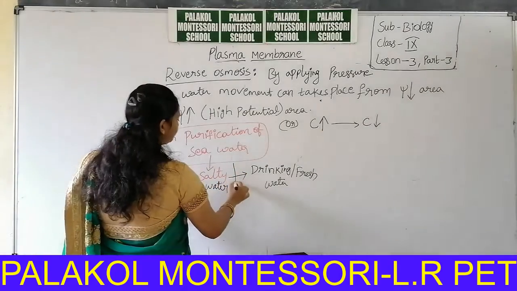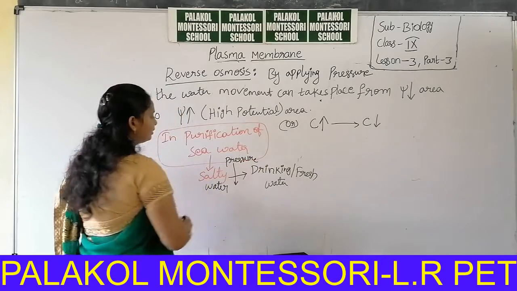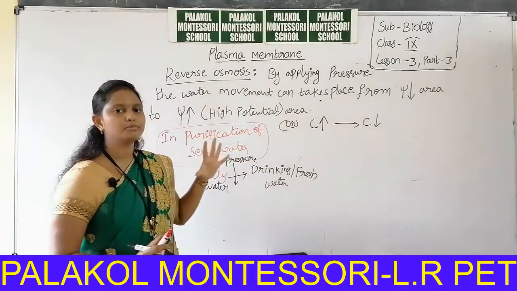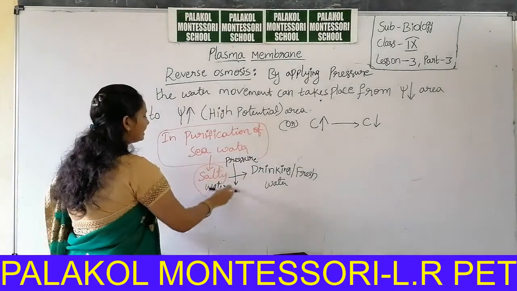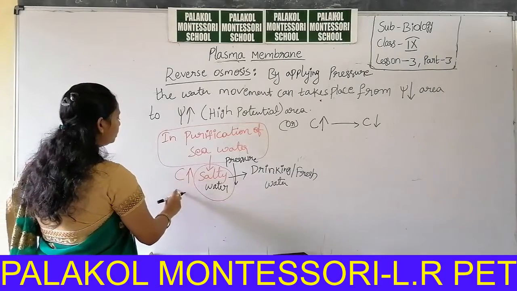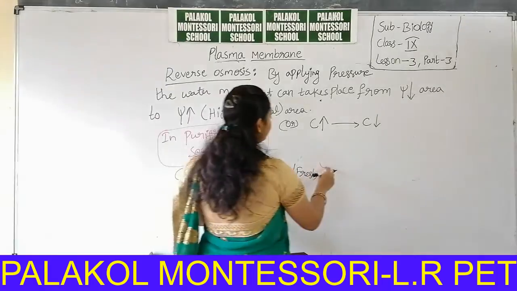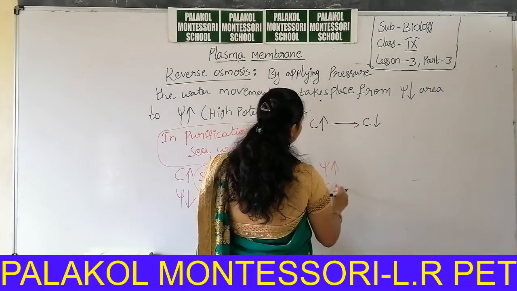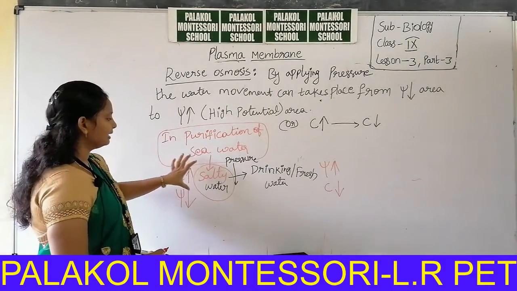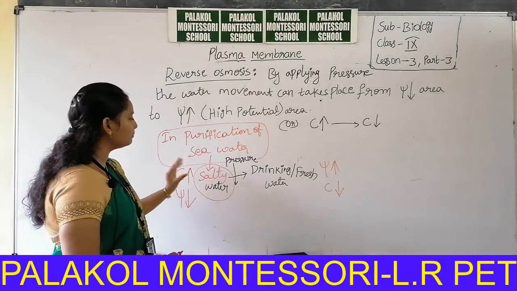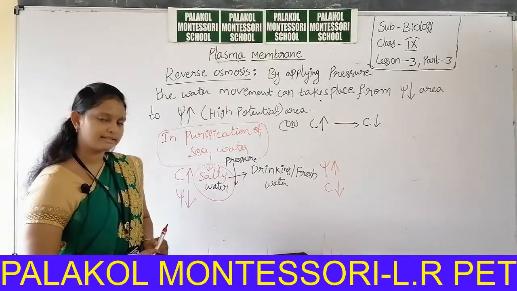By applying a great pressure, we can forcibly move the water present in the high concentrated area or low water potential area to the high water potential area and low concentrated area. So, salt remains here and water only can move from low potential area to the high potential area. Is it clear?